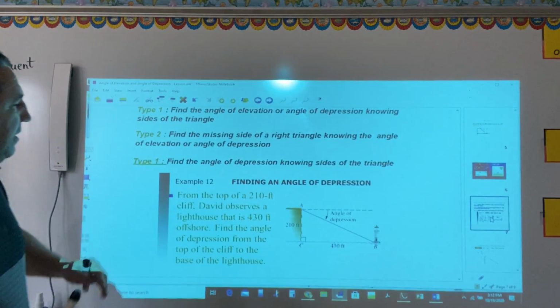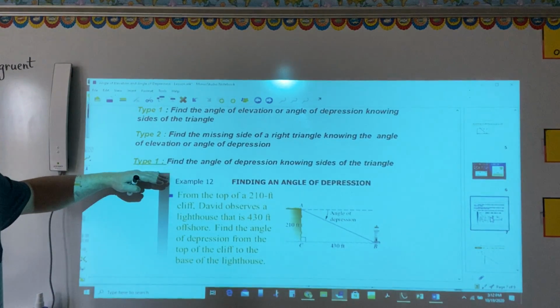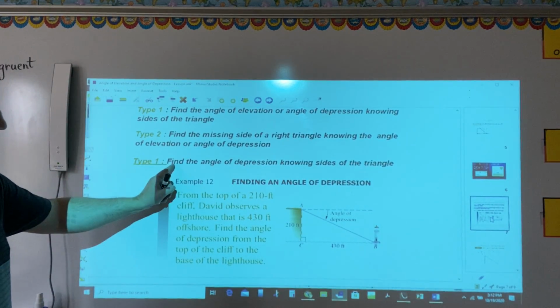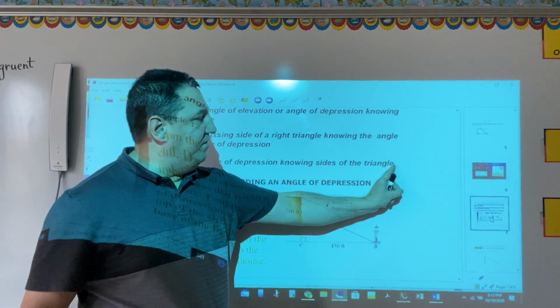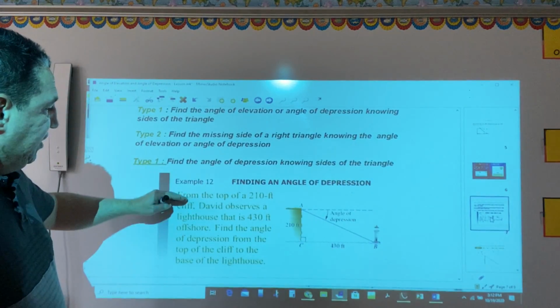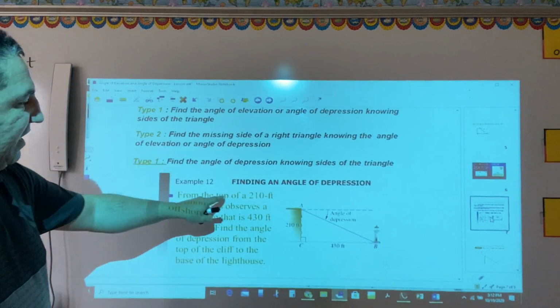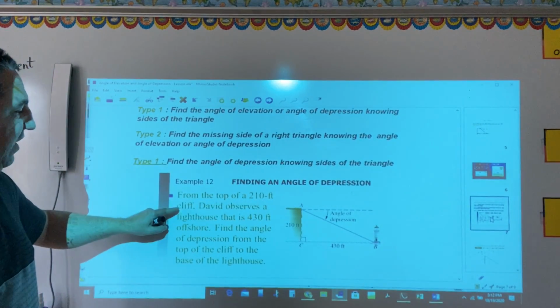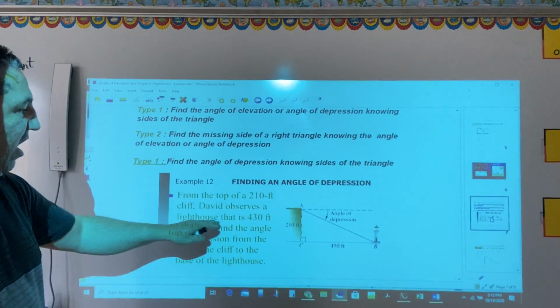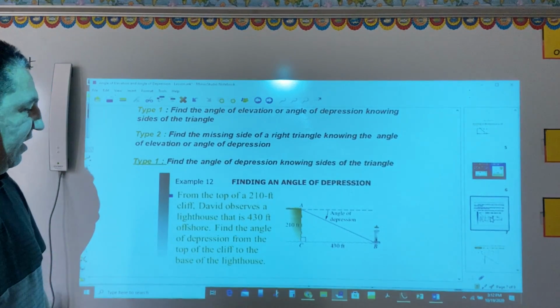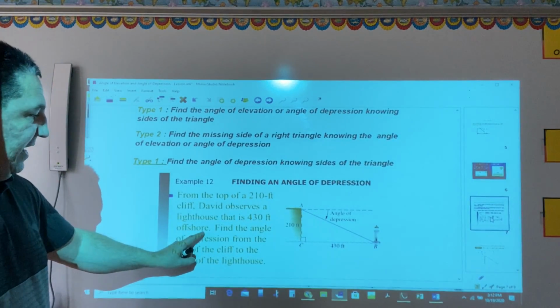Now, let's have a type 1 problem first. It says, find the angle of depression knowing the sides of the triangle. From the top of a 210 feet cliff, David observes a lighthouse that is 430 feet offshore.